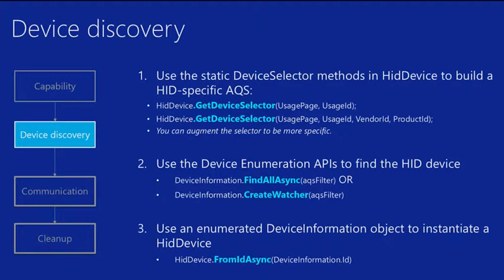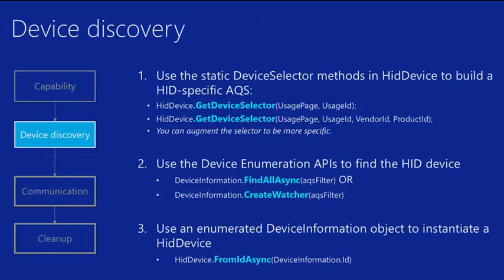So once FindAllAsync returns successfully, what you have with you is a collection of device information objects. Each device information object is a representation of all the devices in your system that met the selector criteria. So once you have a collection of device information objects, what you need to do is open the device so that you can start communicating with it or send I/O to it.